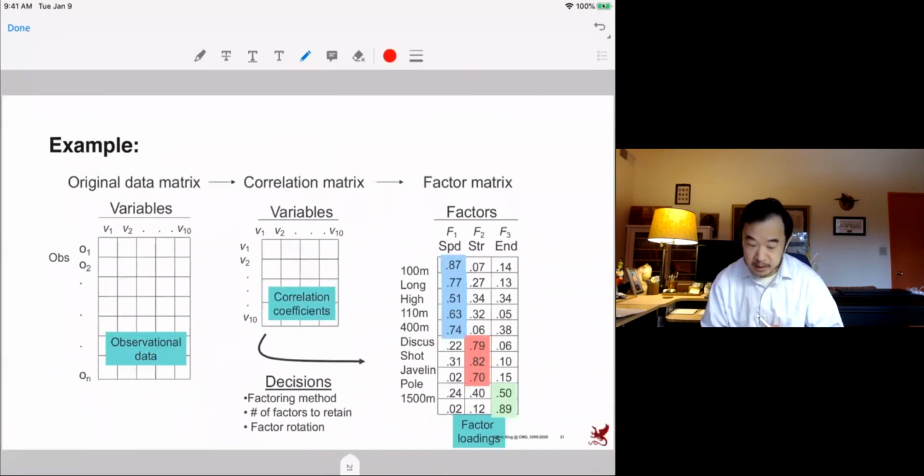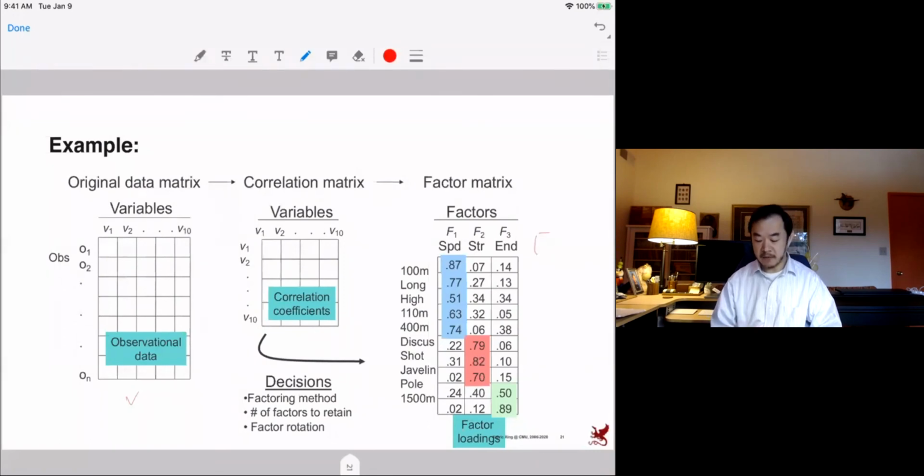Okay, so here are some examples of what you see, right? You begin with the original data matrix, the term document matrix. And in the PCA, you have this correlation matrix, which is a square matrix. But in the factor analysis, what you get is the lambda matrix.